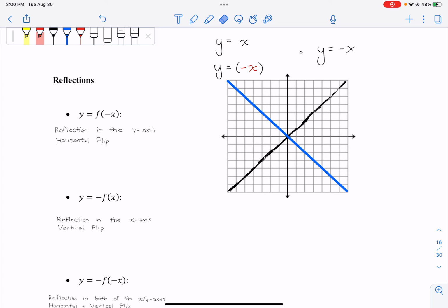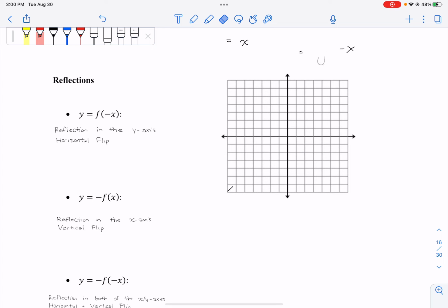Let's do something else. What if I have y is equal to x squared as my original function? If I plug in negative x, y is equal to negative x squared, you're going to realize this is the same thing as x squared.